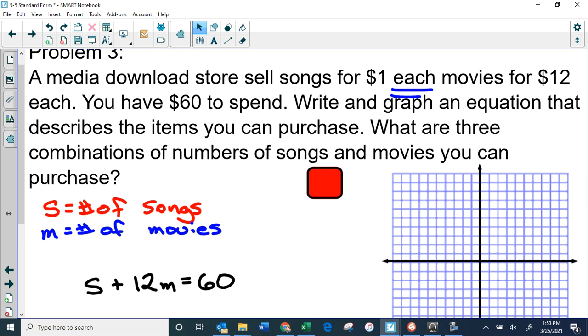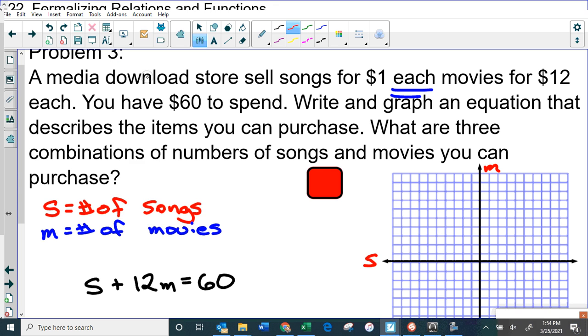You can do it either way, but just pick one of the axes to be songs. So I'll say this is songs and this is movies. And you only need this quadrant right here because you're only going to have positive S values and positive M values. Negative S values and negative M values wouldn't make sense.